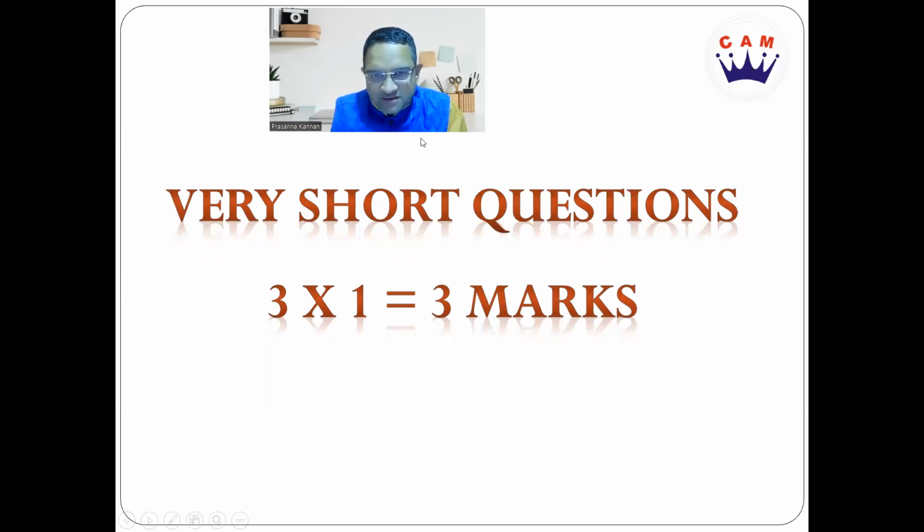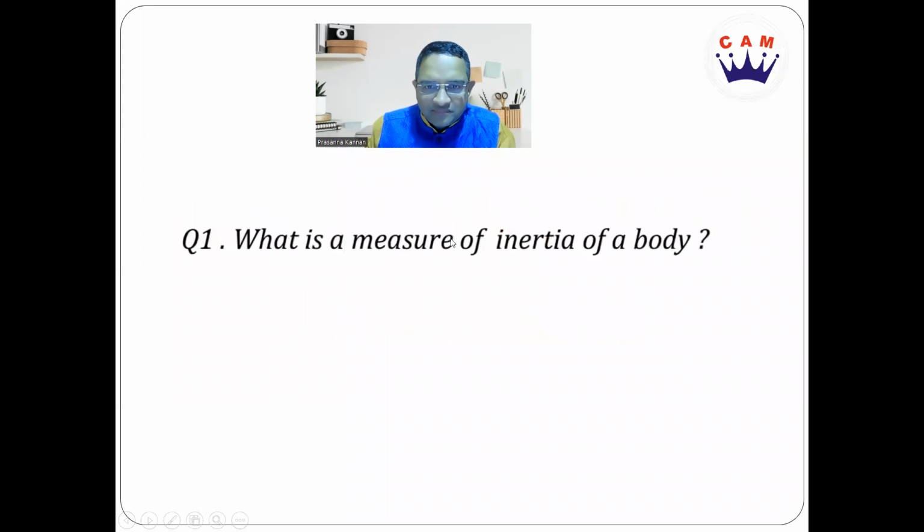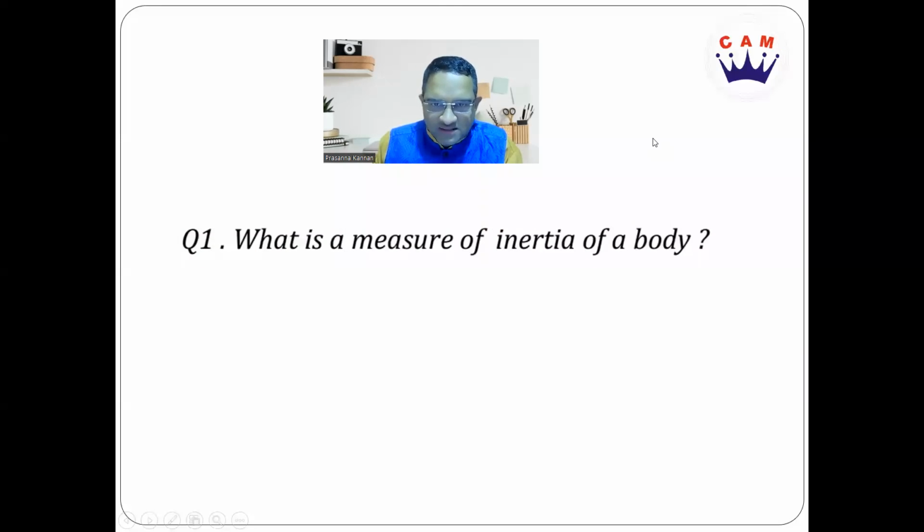The first part is very short answer questions where you are expected to answer within a line or two. Each question carries 1 mark. What is a measure of inertia of a body? Any guesses what the answer is? Mass. Absolutely. In a straight line motion, in a 1D motion, the inertia of a body is going to be mass.